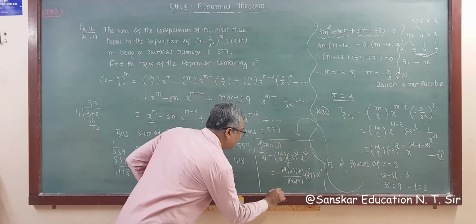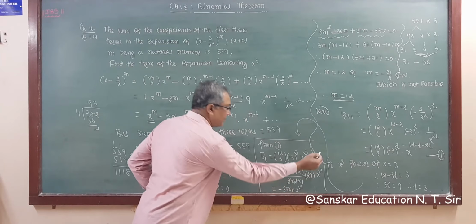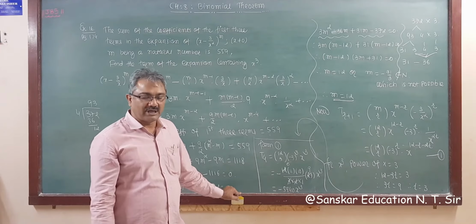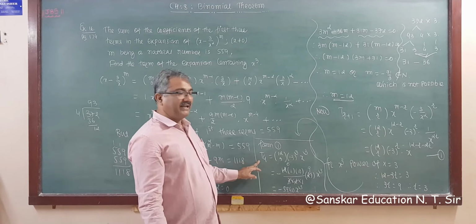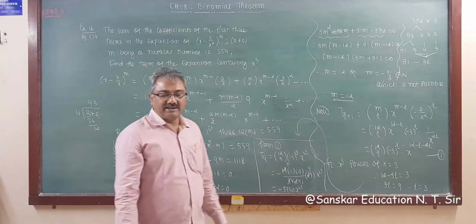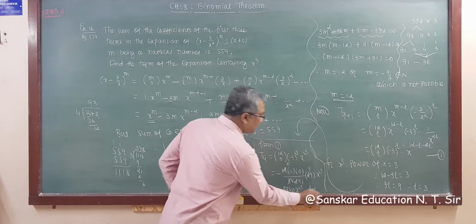So we get minus 5940 x cube. That is your answer. So the term containing x cube is T4 and the answer is minus 5940 x cube.